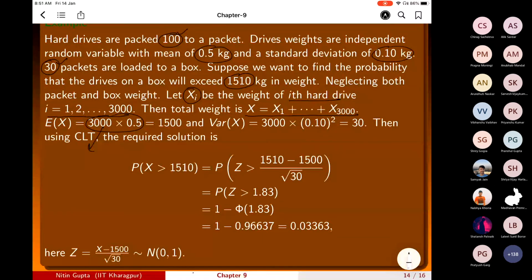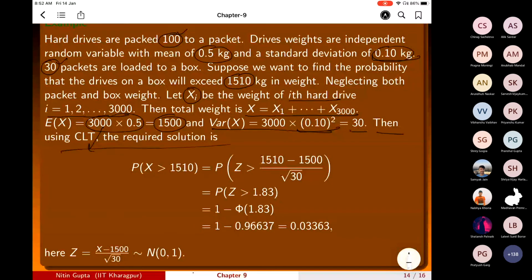So that means 3000 into 0.5. And the variance will be the summation of the variances of each one, so 3000 into standard deviation square, that will be 30.